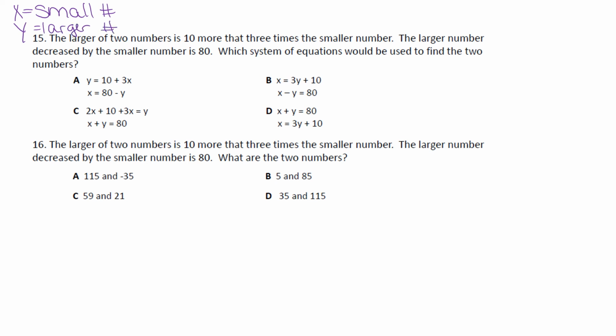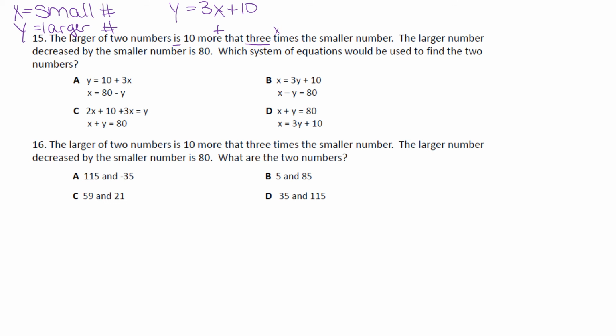So it says the larger of the two numbers, so that would be the y equals, the larger of the two numbers is 10 more than, which is addition, 3 times the smaller number. So 3 times the smaller number would be 3x, and we would have 10 more than, so that's plus 10.